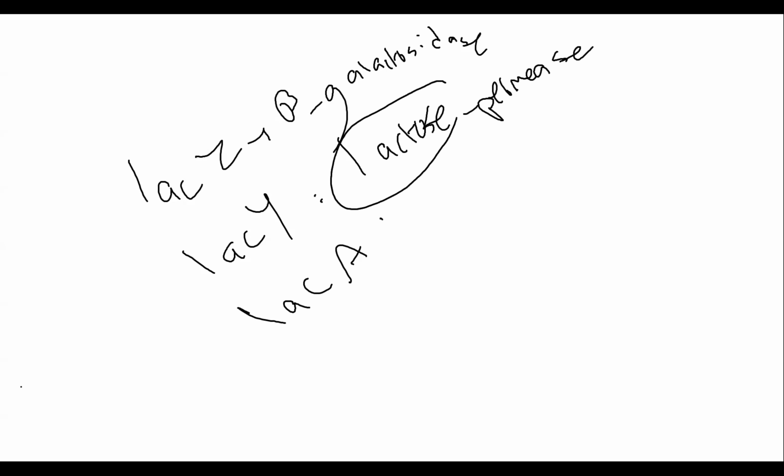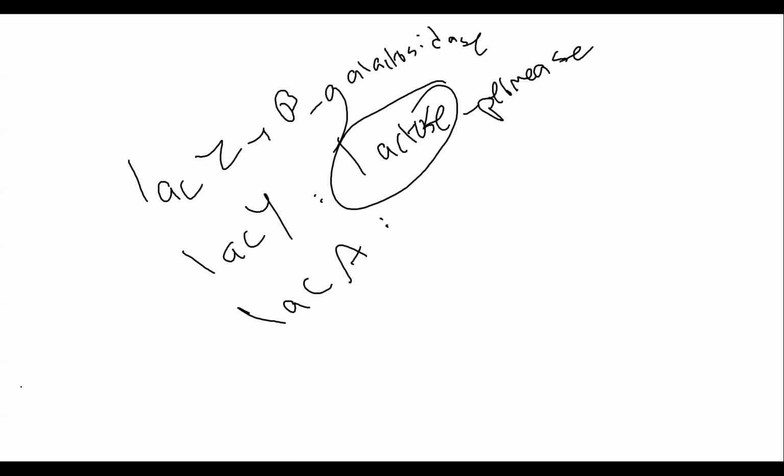The lacY encodes for the lactose permease, which facilitates the entry of lactose into the cell. This helps the entry of lactose, and this cuts the lactose into glucose and galactose.